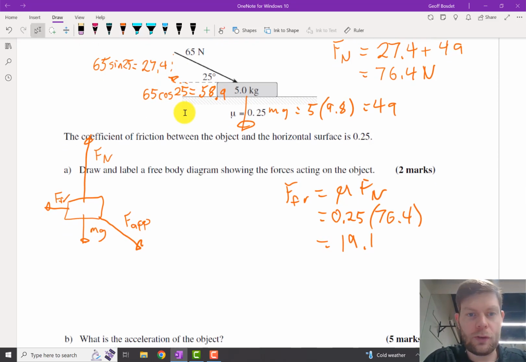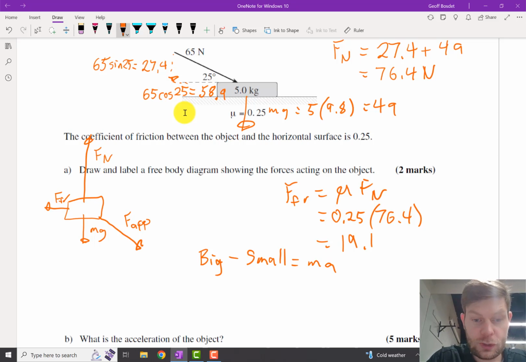And then we can just fight out our forces. Horizontally, we got our x component of our 65, which is our big force, versus friction equals ma. So our big force is 58.9, our x component to our 65. Our small force we just calculated is 19.1.